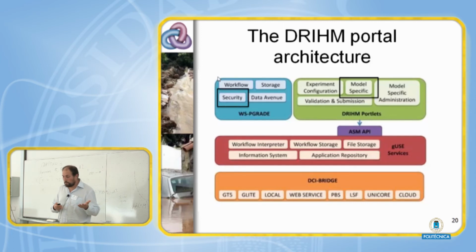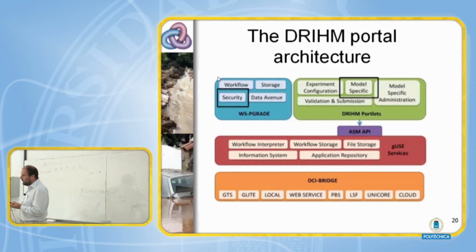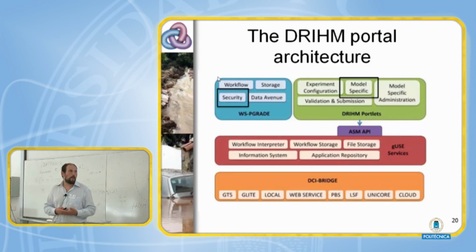The portlet structure is also flexible, so in case we want to add an additional model, we can just collect the required information, build a component that is specialized for the new model, and plug it into the overall architecture without the need of rebuilding the whole portal and so on.